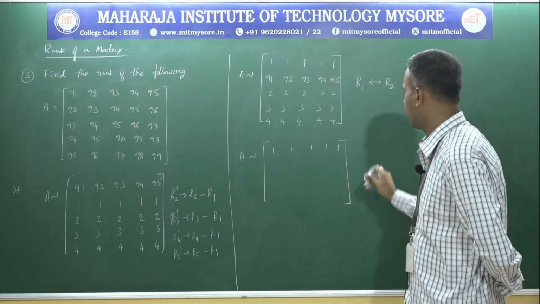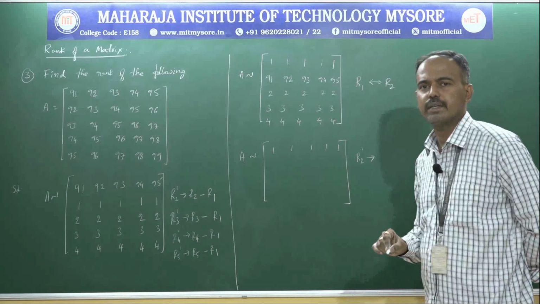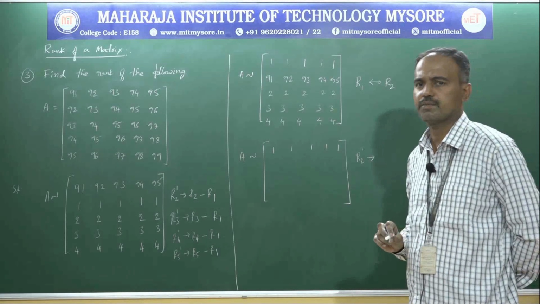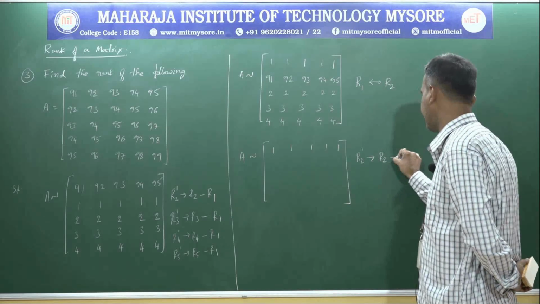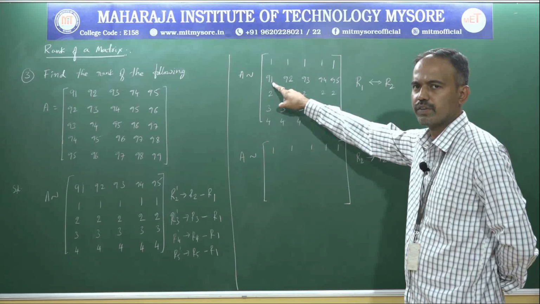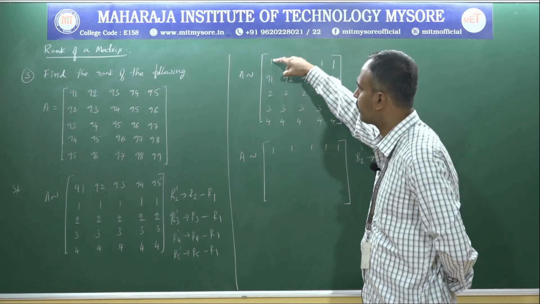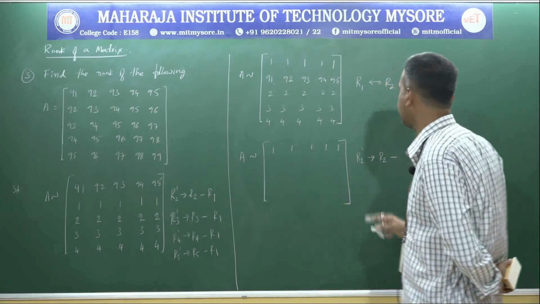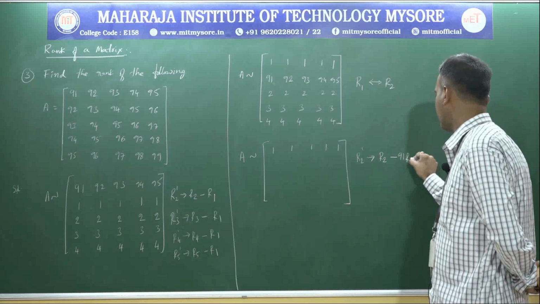Now the next one, apply the row transformation R2 dash. What does R2 dash mean here? R2 dash here is R2 minus, how to make the second row first element 91 into 0 with the help of the first row first element. So R2 dash is R2 minus 91 of R1.